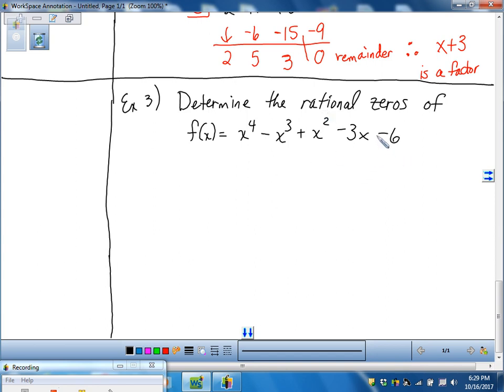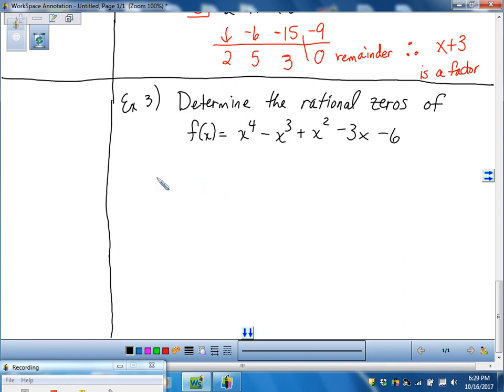So to do that, we're going to use the rational root theorem, also called the rational zero test, and we're going to use that to help us figure out a couple of factors before we get it to a quadratic, to make it a little bit easier. So step number 1 is we need to figure out what some possibilities are.